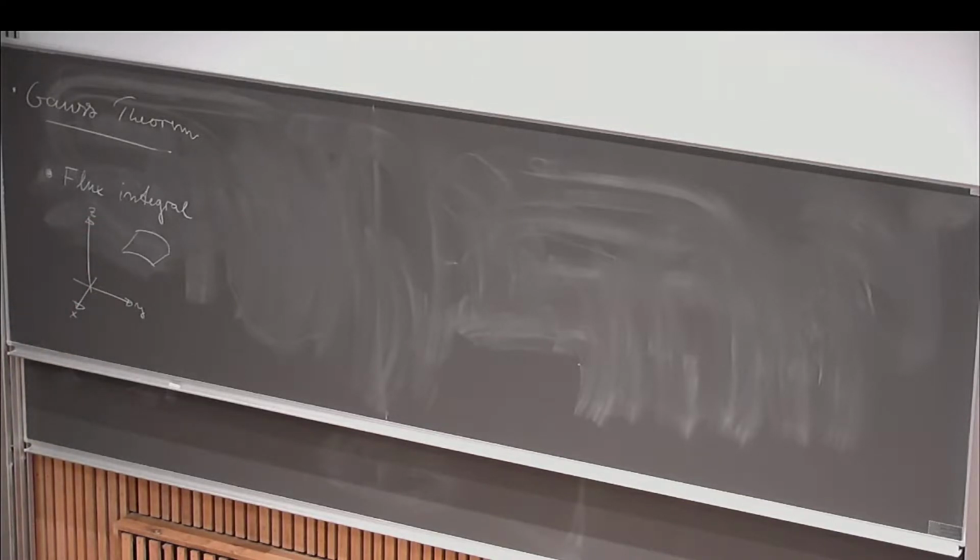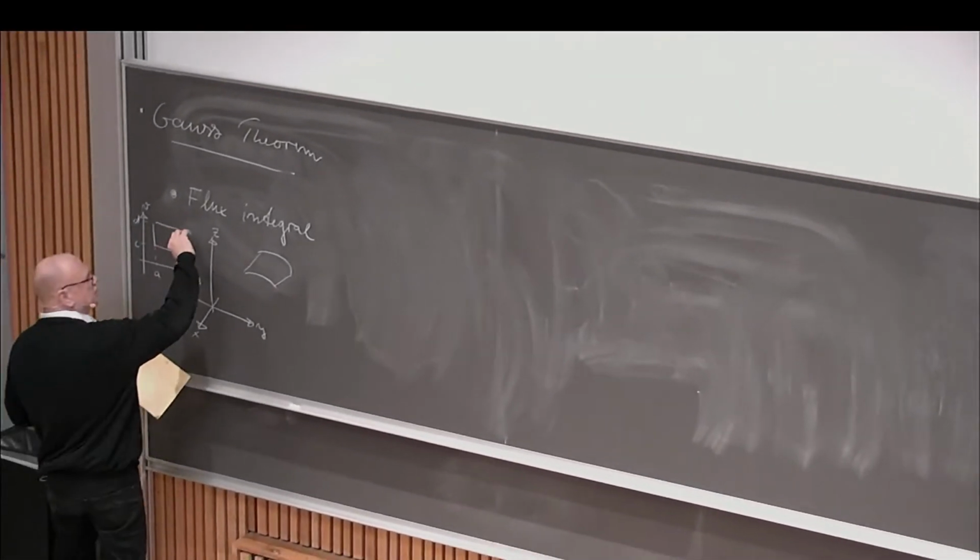Then again, we have a parameter space in order to describe the surface. It's given as this rectangle, and we have the parameters u and v, and u goes between a and b, and v goes between c and d.